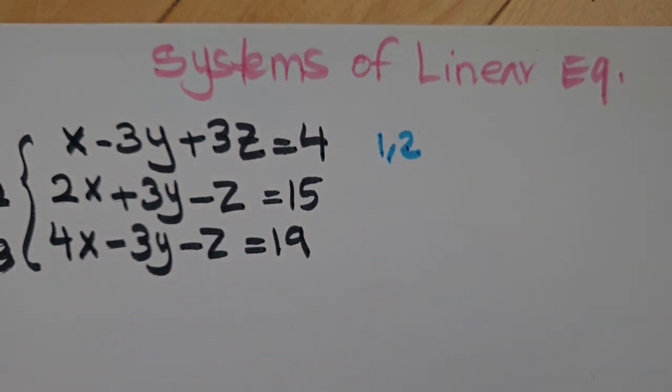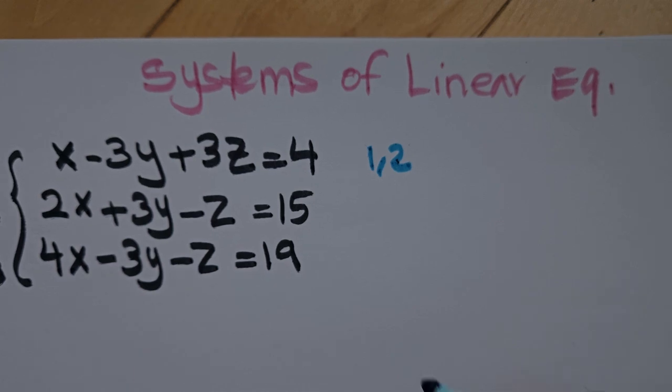So what I can do, I can add them to one another. And by adding them, negative 3y and plus 3y, because y has the same coefficient but different sign, it will be eliminated. That's the good thing.